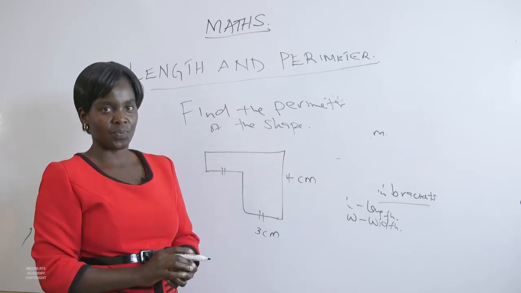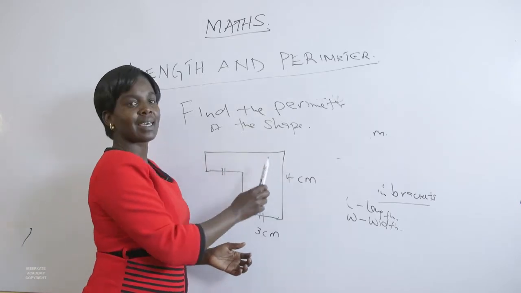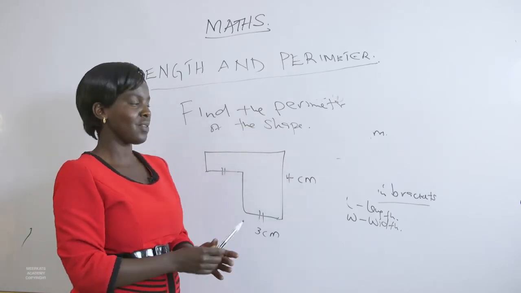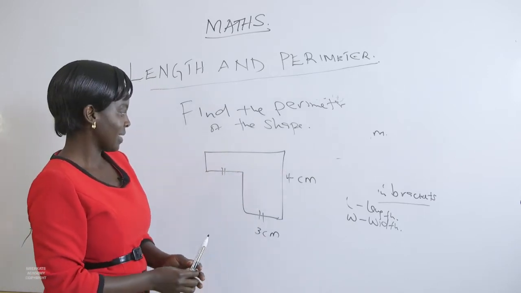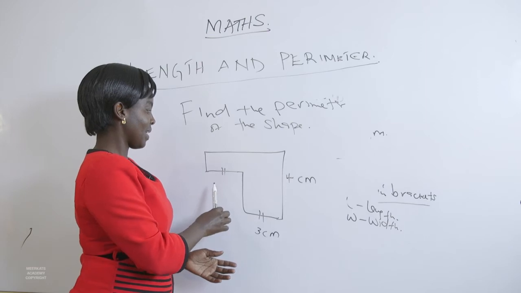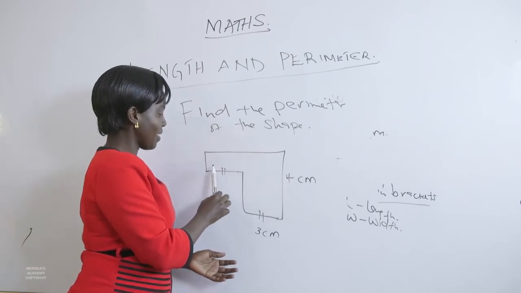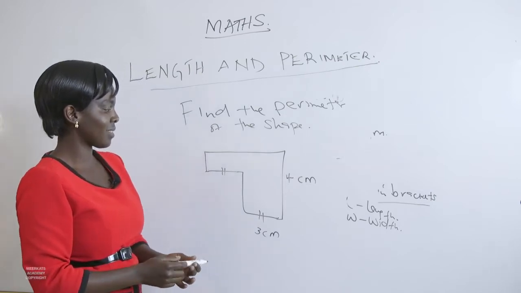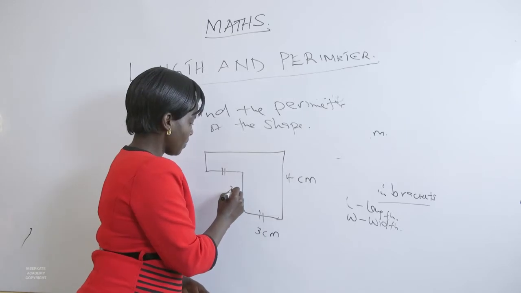What are we supposed to do? You realize that the measurement of this side, the length of this side is not given. You also realize that the length of this side is not given, plus the length of the other side is also not given. So what you are supposed to do, this is 2.